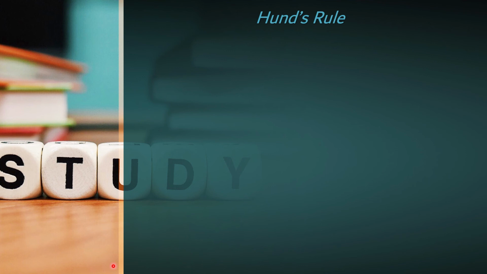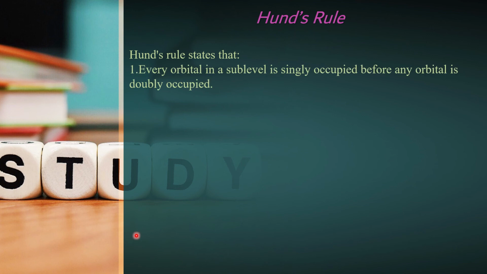Now, our second principle, that is Hund's rule. Hund's rule states that every orbital in a sublevel is singly occupied before any orbital is doubly occupied. Hund's rule is applicable for degenerate orbitals. In degenerate orbitals, their energy is equal.